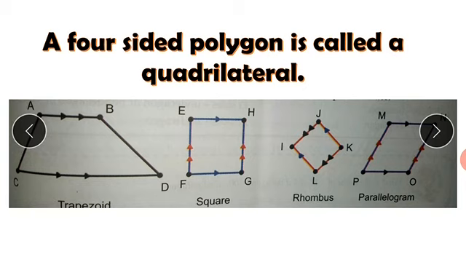Just like in a trapezoid. In a trapezoid, there is only one pair of parallel sides: side AB and side CD. These are the parallel sides of the trapezoid. AC and BD are not parallel. So, only one pair of parallel sides.